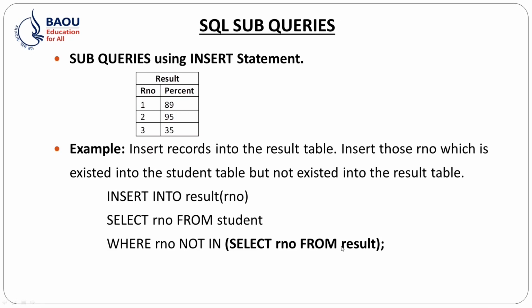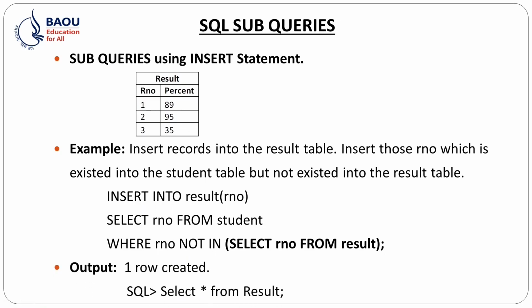from result. In this query, the inner query is executed first. This part in the brackets is called the inner query. From the result table the roll numbers are found, and the roll number that is not matched with these is inserted into the result table.